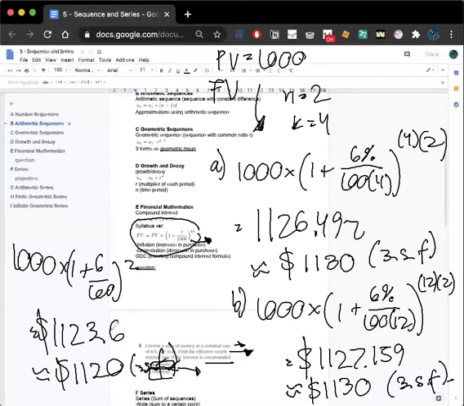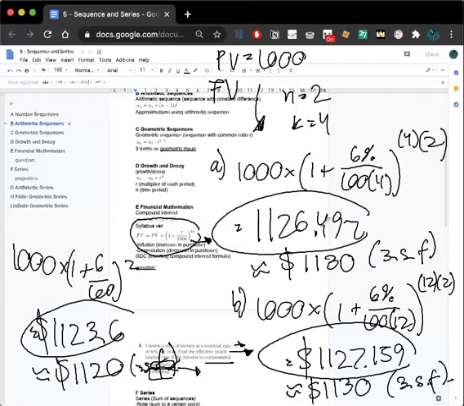So you can see the difference between yearly compounds and the monthly compounds.